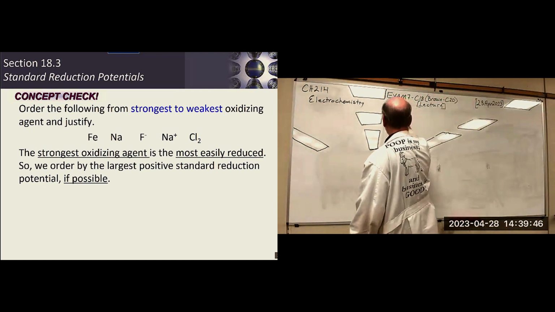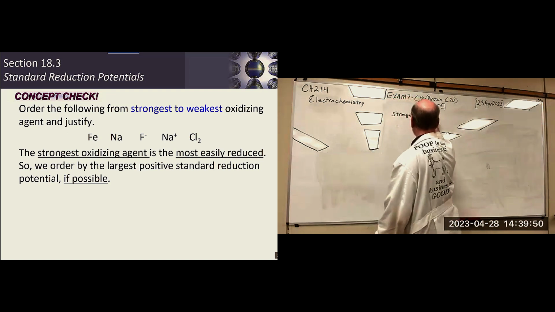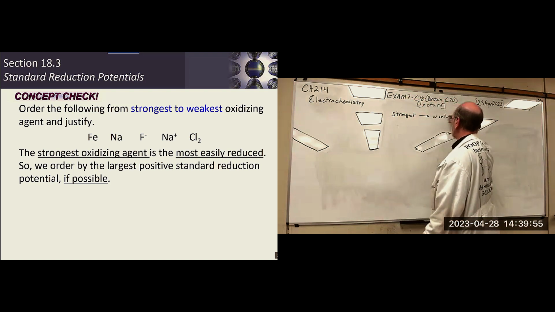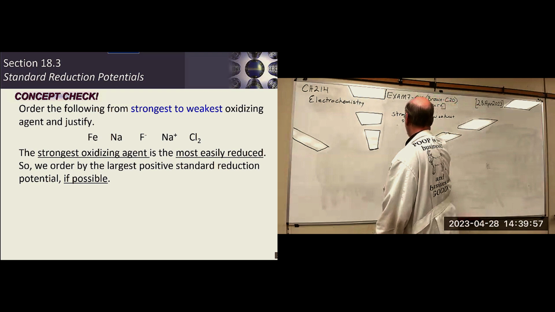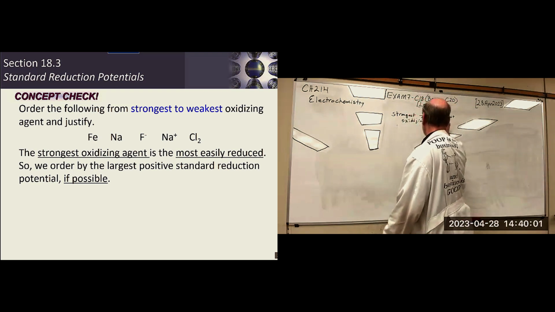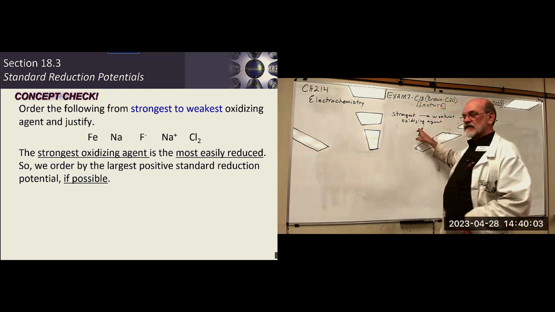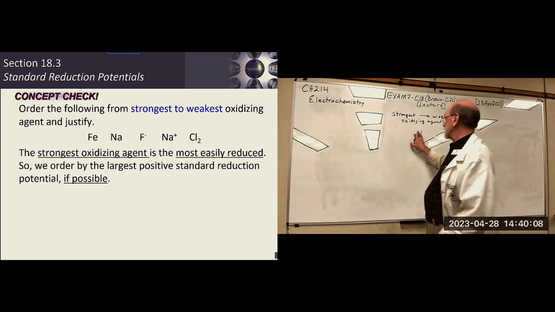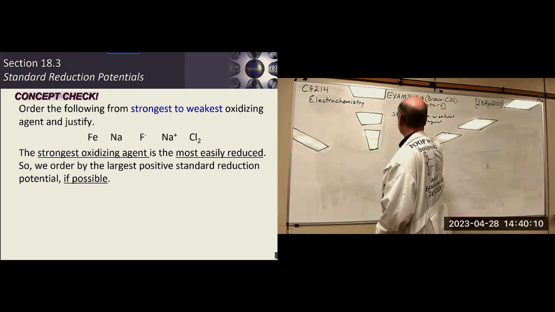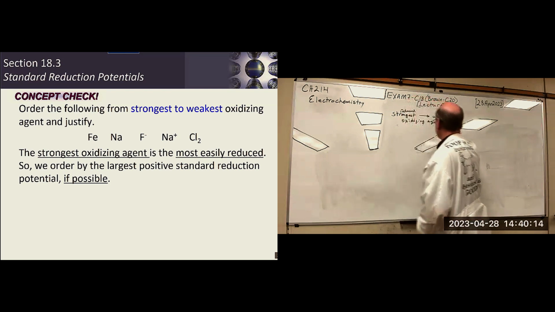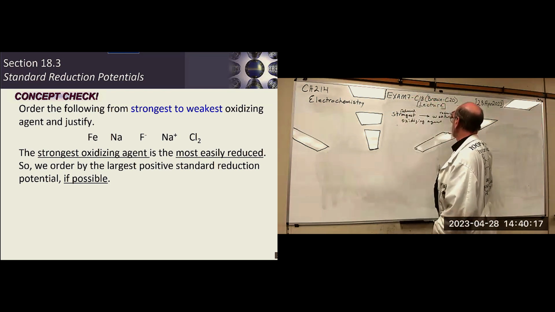So if we want the strongest to weakest oxidizing agent, the strongest oxidizing agent is the one that is most readily reduced. The strongest reduced, and this would be the weakest reduced.